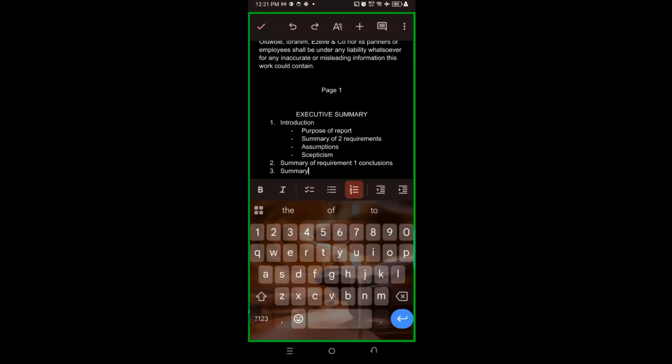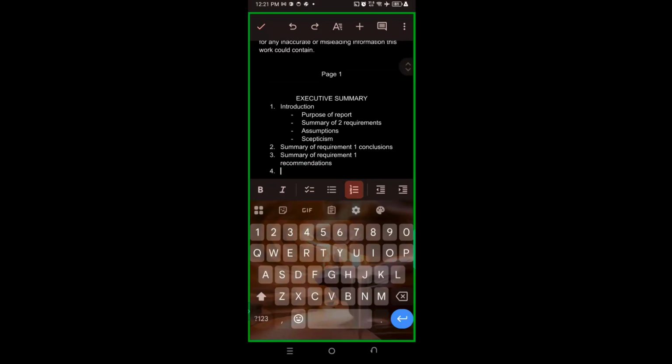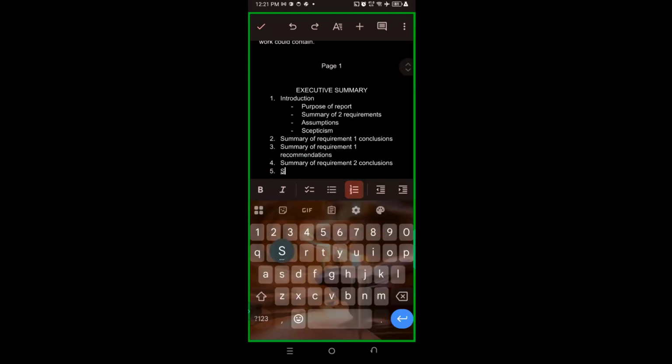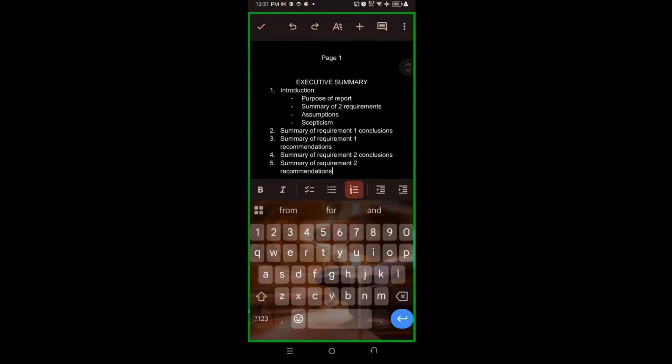Summary of requirement 1, recommendations. Summary of requirement 2, conclusions. And lastly, summary of requirement 2, recommendations. So let's do that.